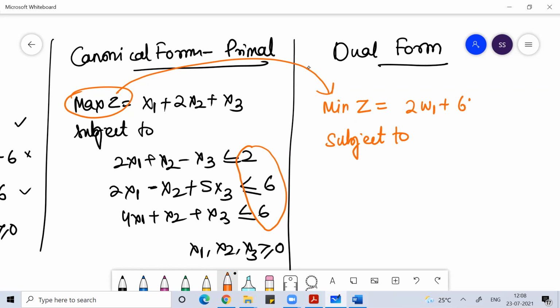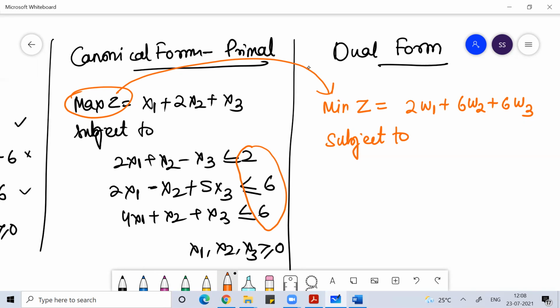Suppose I introduce three decision variables for the dual form, W1, W2, W3. So ultimately your objective will become 2W1 plus 6W2 plus 6W3, where the RHS of the primal constraints become the coefficients of the dual objective function.